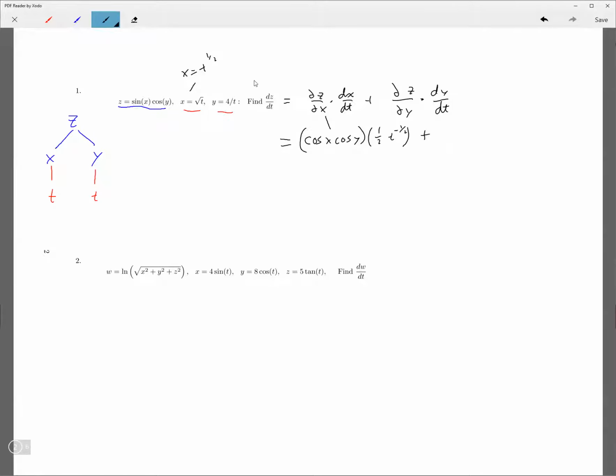That's going to be minus sine x sine y times dy dt. So this is 4t to the minus 1. So the derivative will be negative 4t to the minus 2.